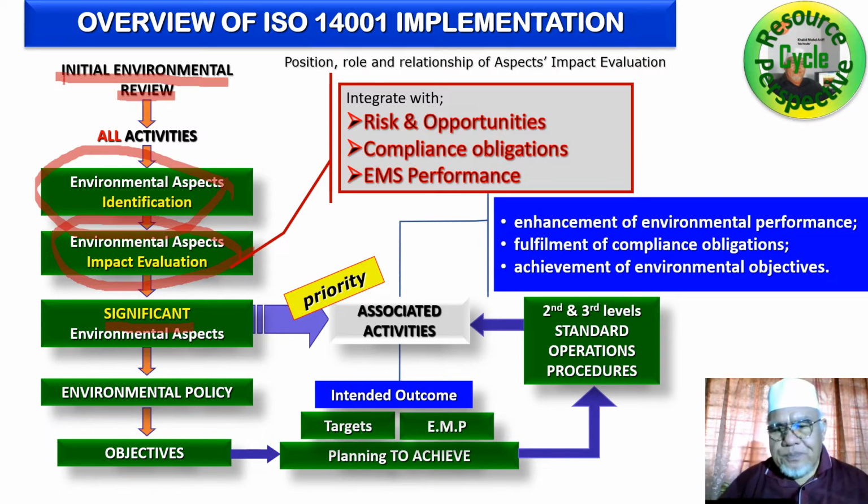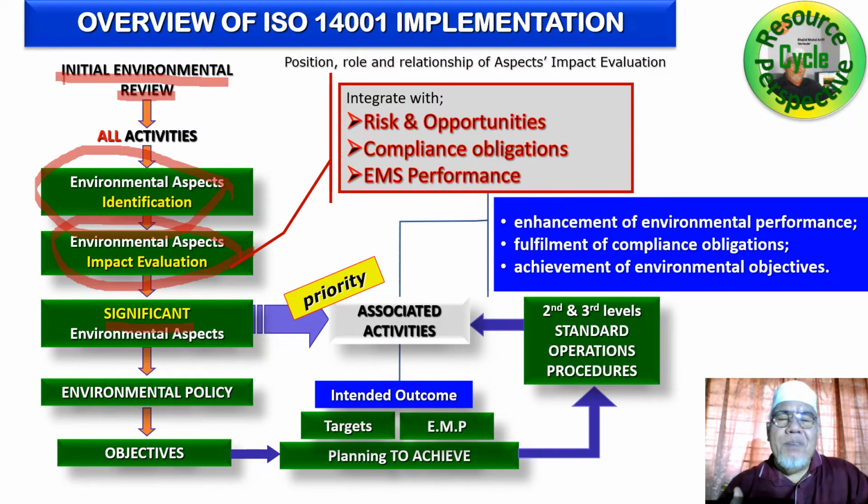Well, the definition of Environmental Management System, ISO 14001, states that environmental management system manages environmental aspects. How? By fulfilling compliance obligations and addressing what? Risk and opportunities. Correct. You're good. Now, that is what environmental management system is about, managing environmental aspects.